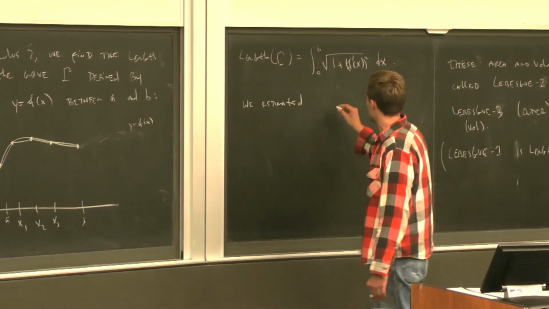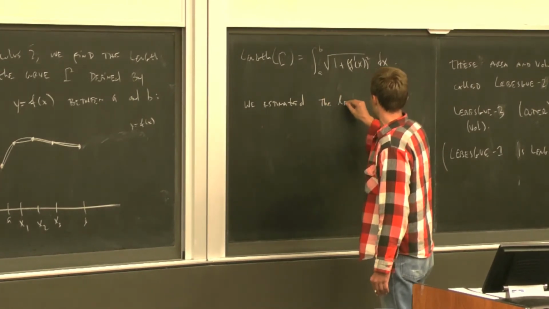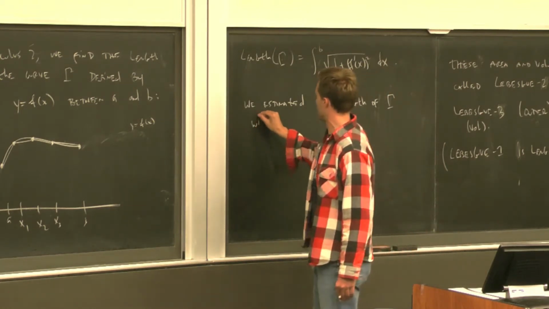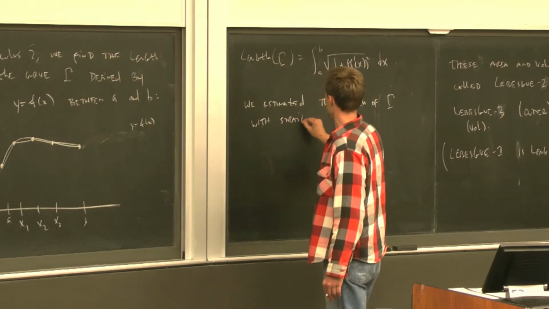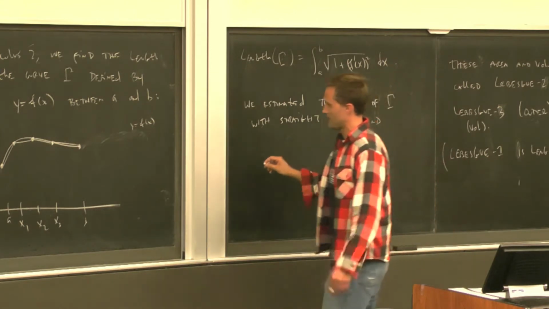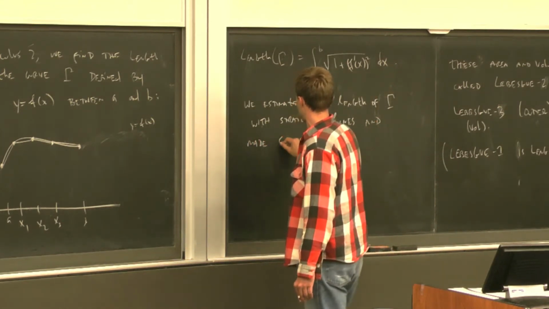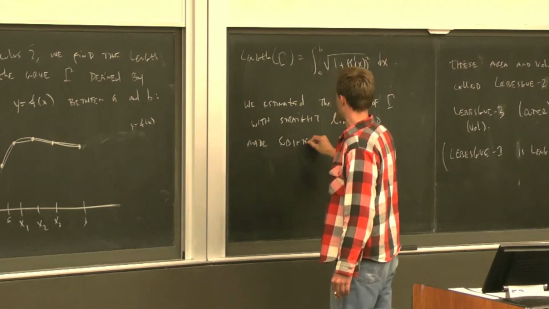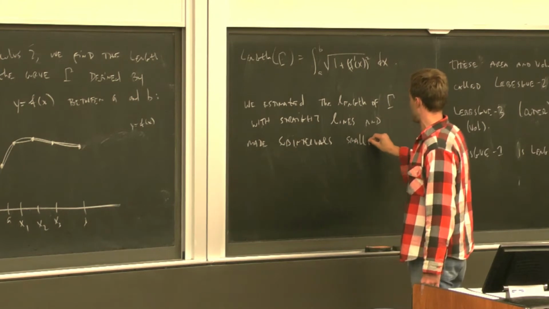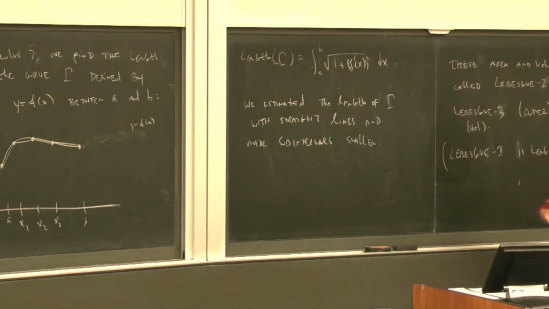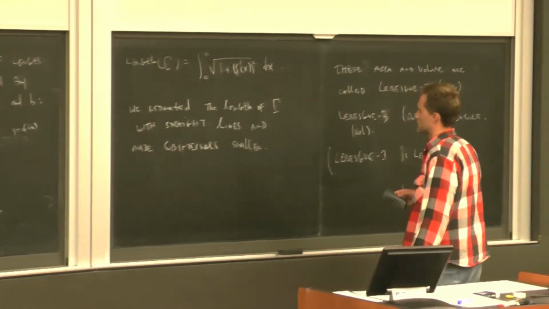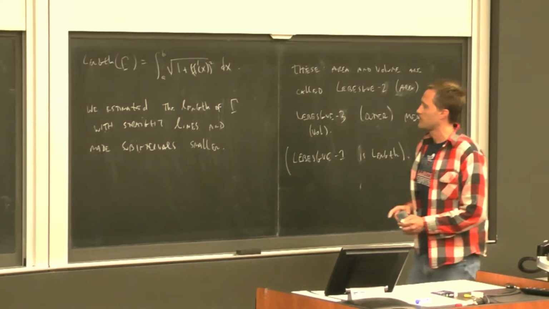We estimated the length of the curve, the length of gamma, with straight lines and made the sub-intervals smaller. But now here's where the problem comes in. And again, you can do the exact same thing.